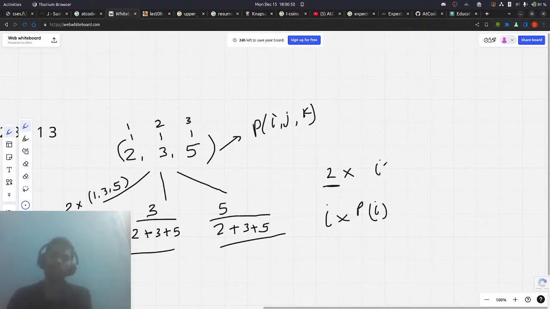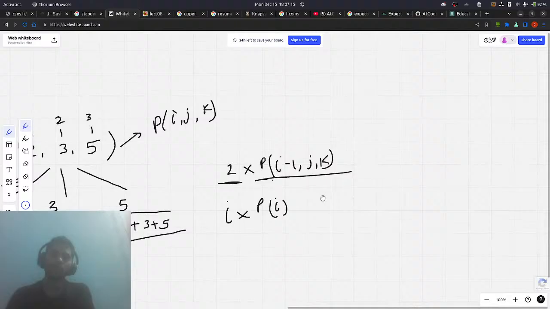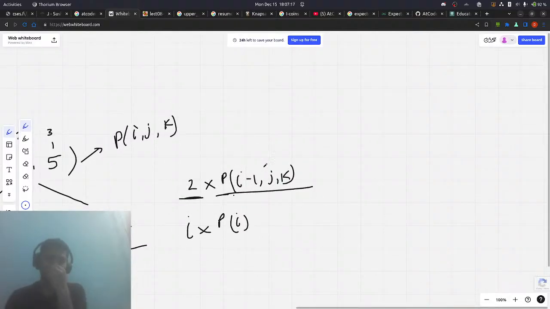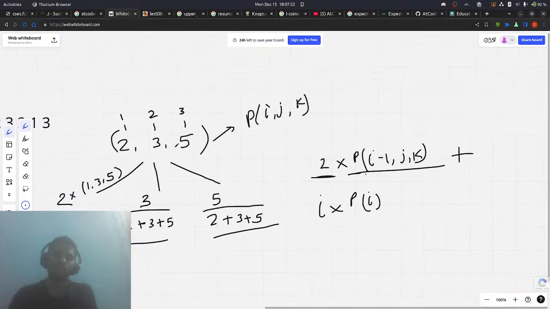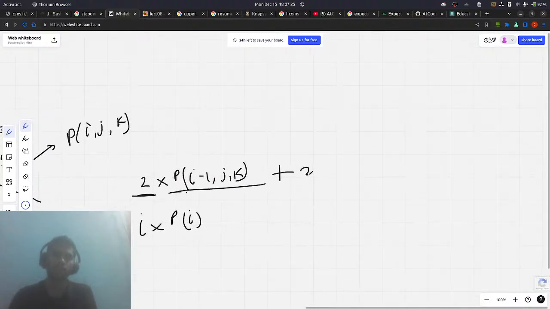So it will be I minus 1, J, K. We have taken this, and that is the expected number, right? Expected value. Similarly, for other states we'll also add the same.